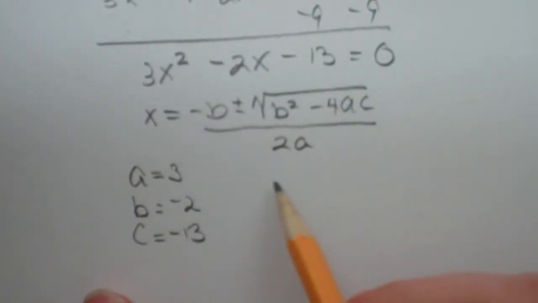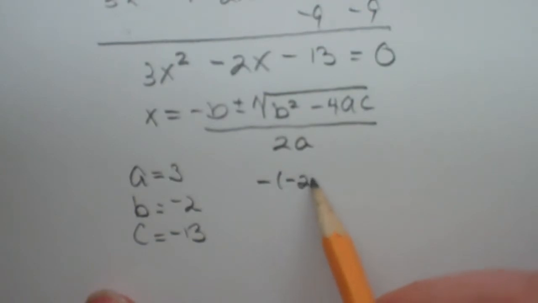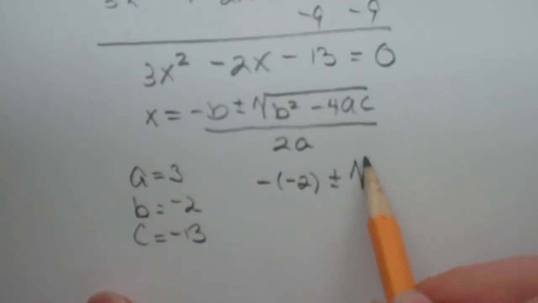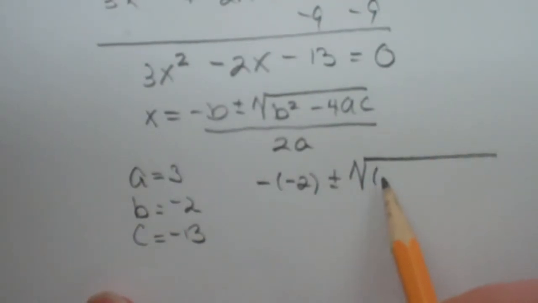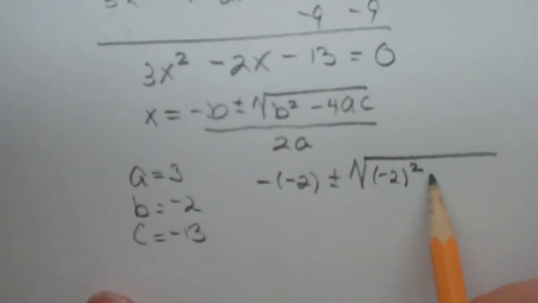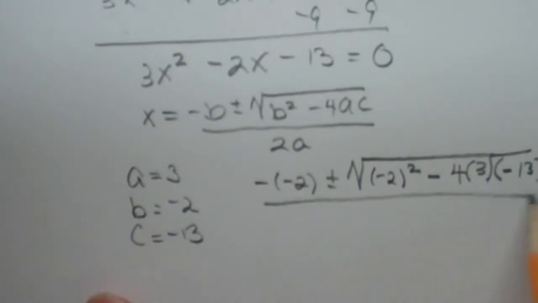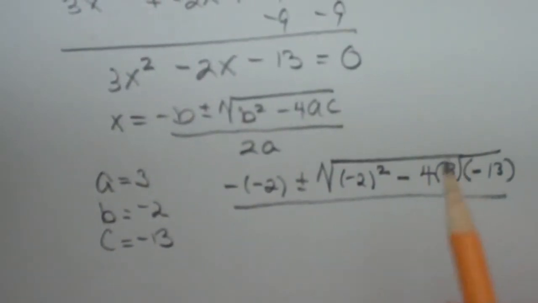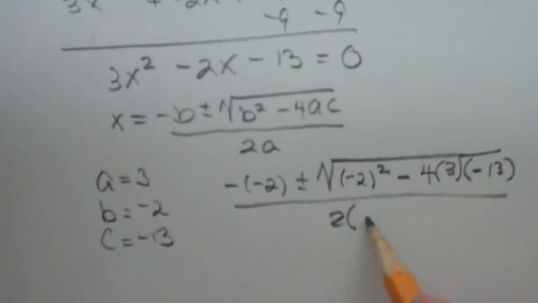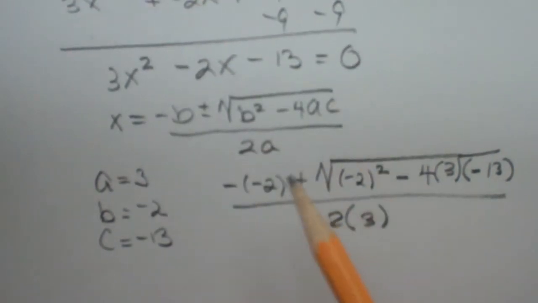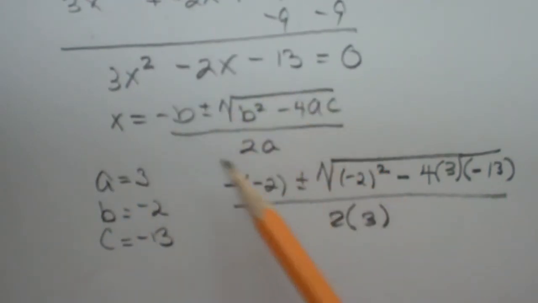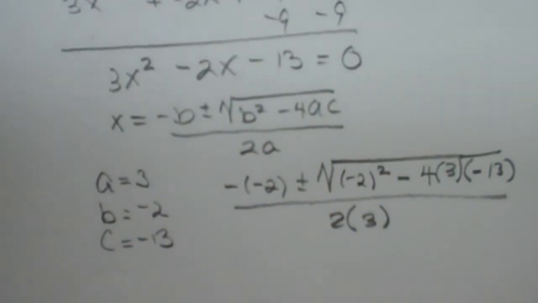Good. So we have a negative of a negative 2 plus or minus the square root of negative 2 squared minus 4 times 3 times negative 13. And this is all divided by 2 times 3. We've just simply replaced all the values for a, b, and c into the quadratic formula, and now we need to simplify.